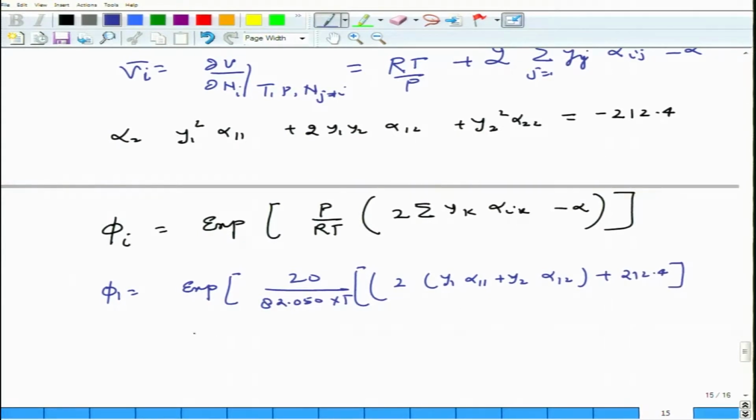This comes out to be exponential of minus 38.9 by T. Similarly, phi_2 is exponential of minus 71.1 by T.